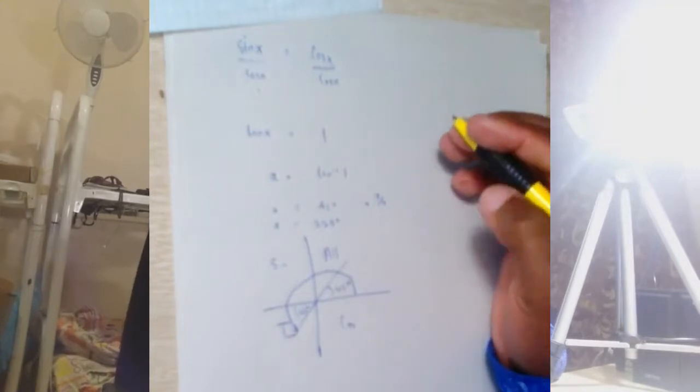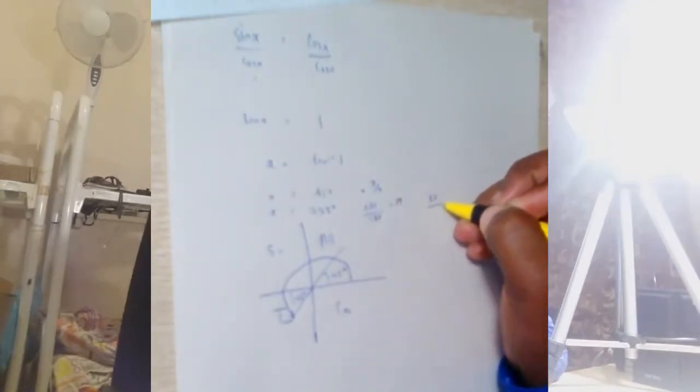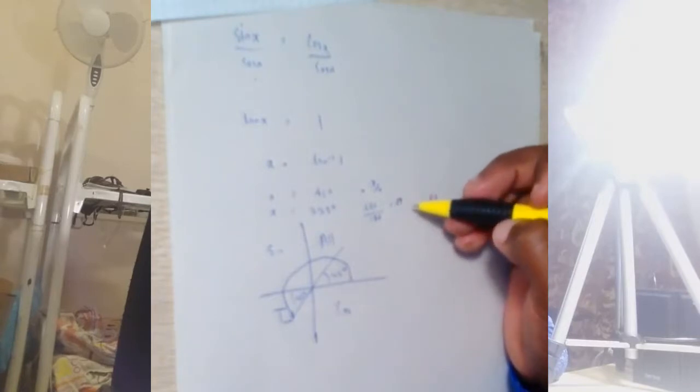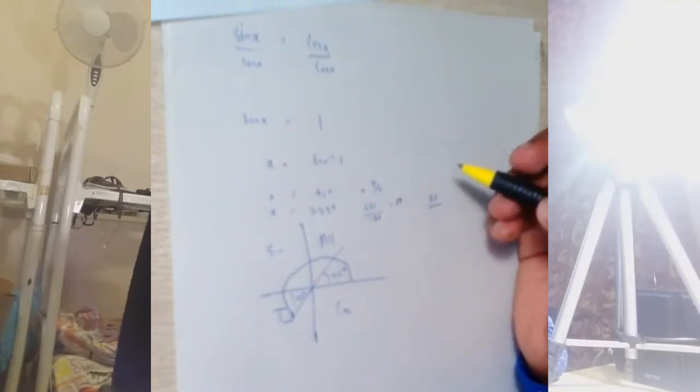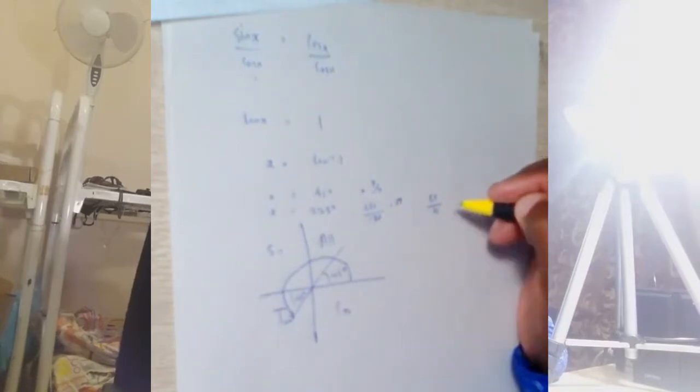Okay, and 225 degrees is 5 pi divided by 4. This is another point of intersection, but it's in radians.